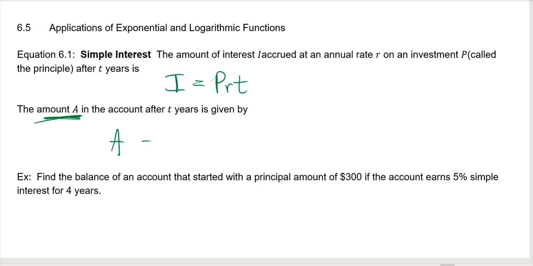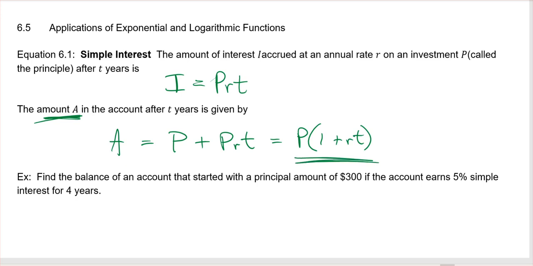If we want to write that in a fancier way, we can factor out the P and have P times 1 plus r times t. So if we want the entire amount in the account, there's a nice little formula for us. But really the big deal is that this is simple interest, and we can just add the simple interest to what we started with.